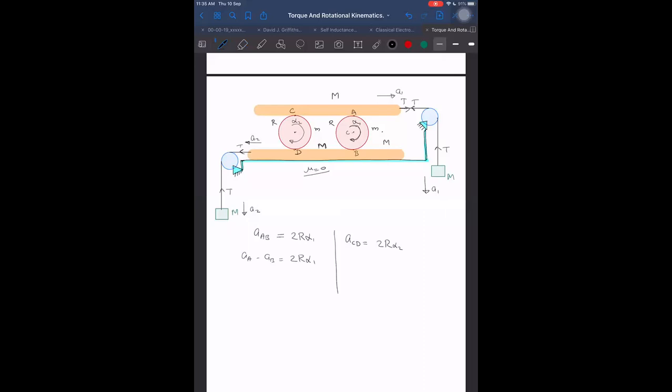What is it? It is A1 minus of A2, that is A1 plus A2.